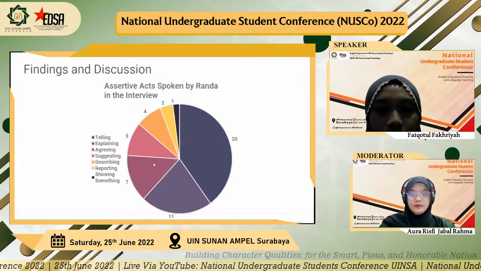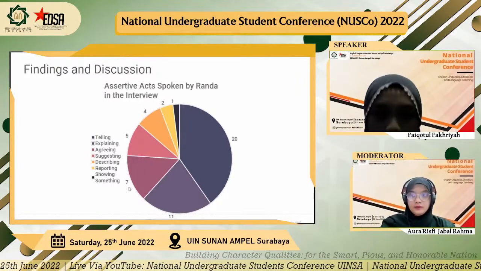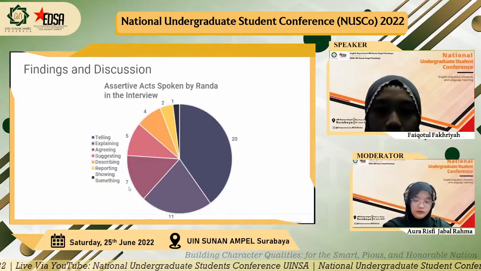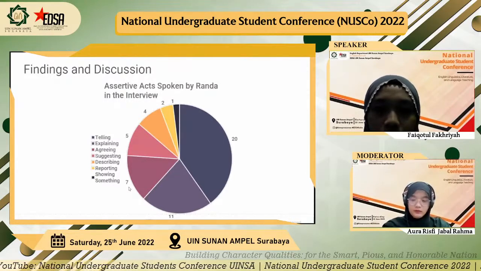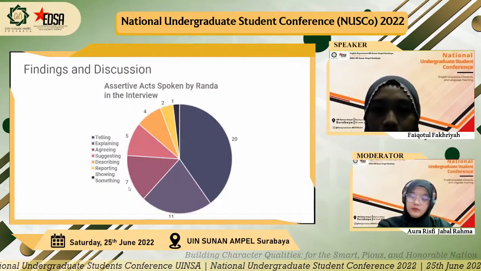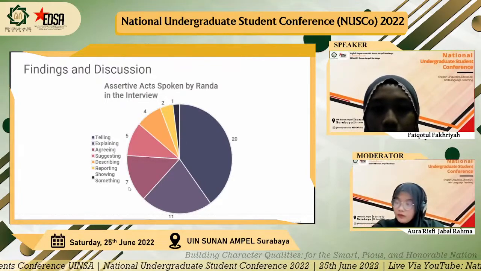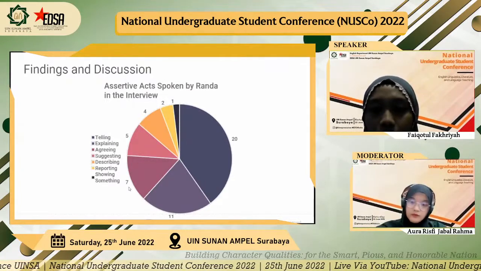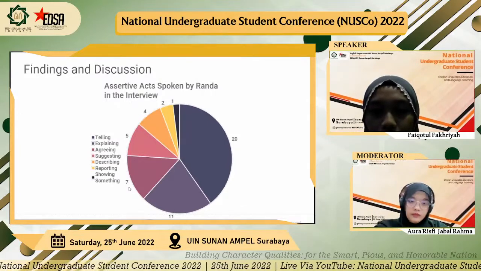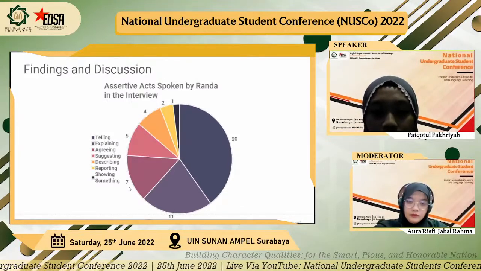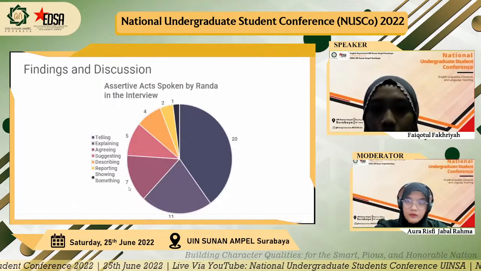Next, by uttering the describing act, Randa describes people's different appearances and characteristics behind the depiction of the characters in her books. For example, Randa describes her Arab Muslim friends' identities who change their names to fit in more outside.